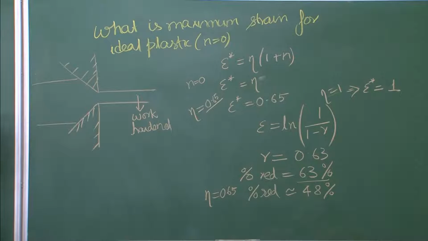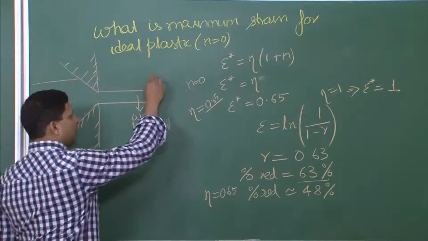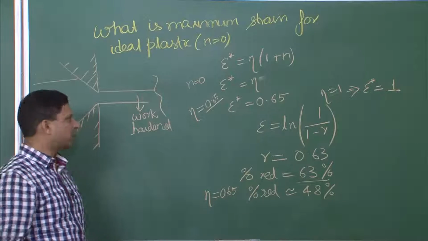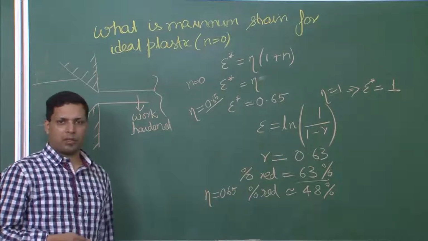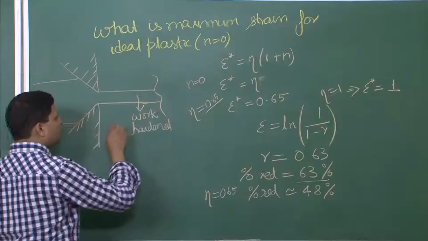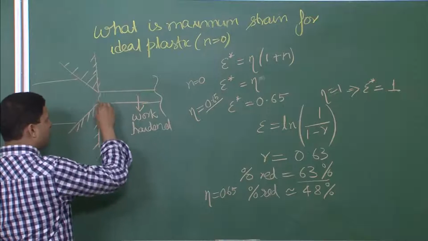Now, what if, like we said, at some point your wire has broken for whatever reason? It could be because there was some defect, not particularly because of your fault, it has broken. So, now let us say it has broken from somewhere over here.